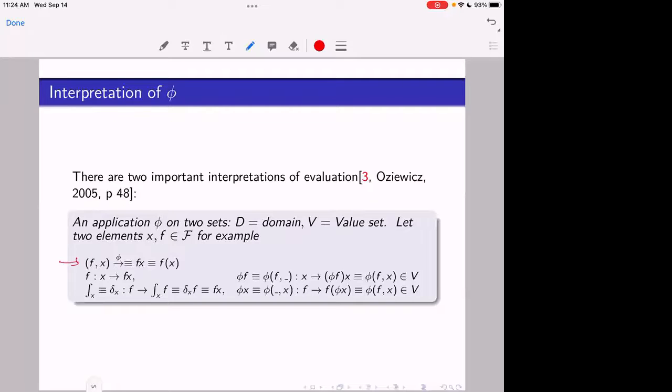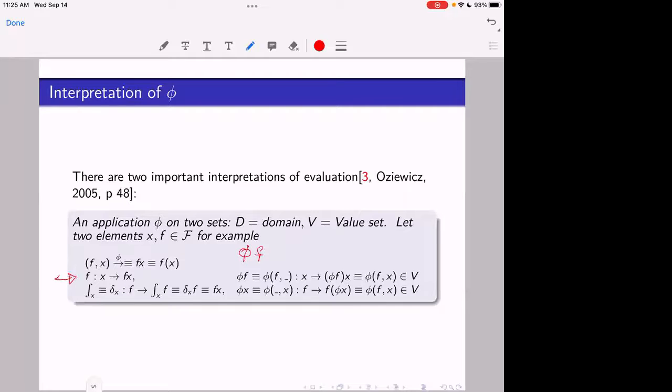these three rows can be considered like a different interpretation of the application phi. Then in particular, the second row is an operation. I am going to write this again.